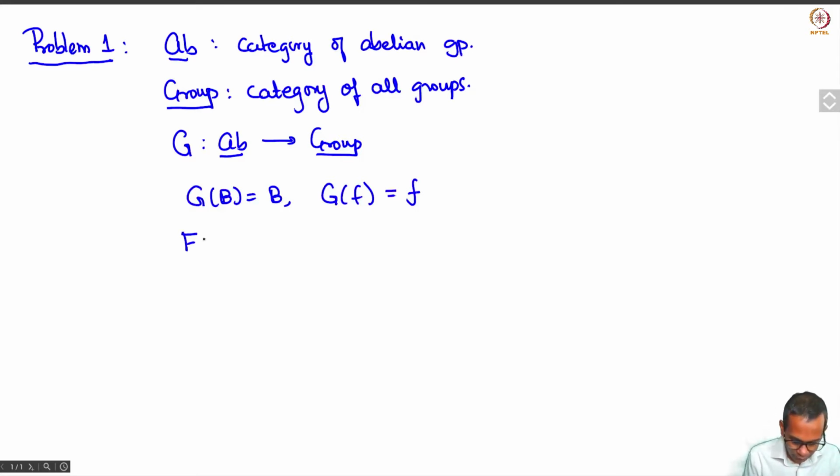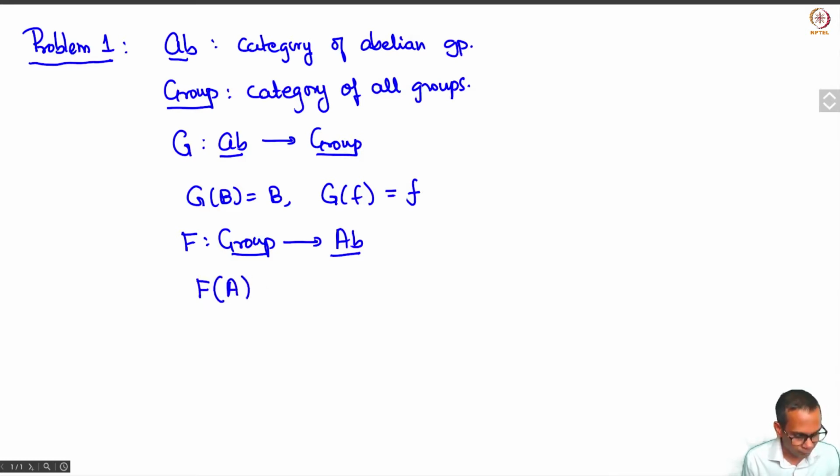And you define F from Group to AB as the abelianization functor. So F of a group A is A modulo its commutator subgroup. So let me remind you what this is.